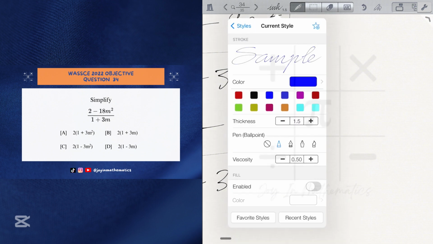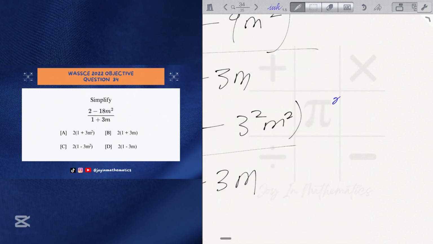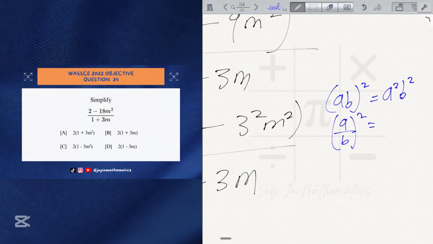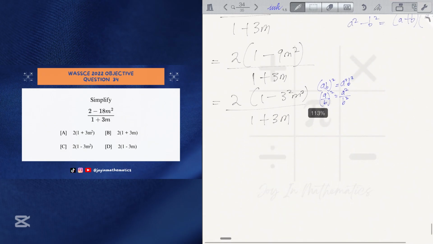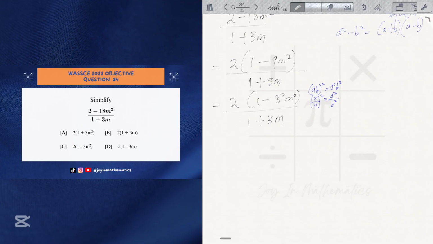When we have ab squared, we'll have it equated to a squared b squared. Likewise, when we have a over b squared, it will be equated to a squared divided by b squared. So in essence, 3 squared m squared is going to be equal to 3m squared, giving 1 minus 3m squared divided by 1 plus 3m.